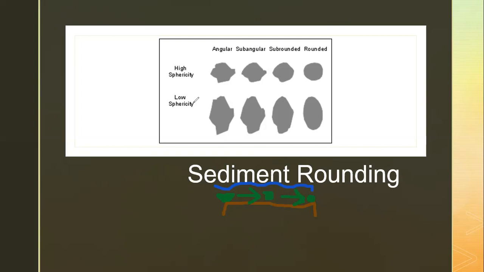And this term called sphericity, it's pretty similar to rounding. It's just how round the particle is. And so here are your different categories: angular, subangular, subrounded, and rounded.